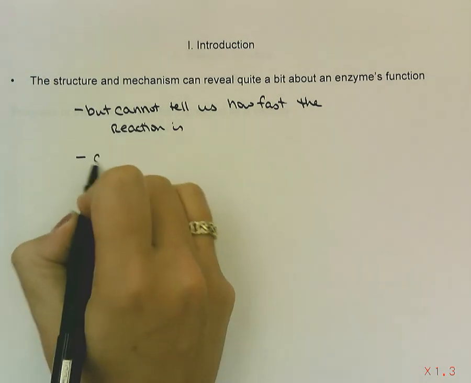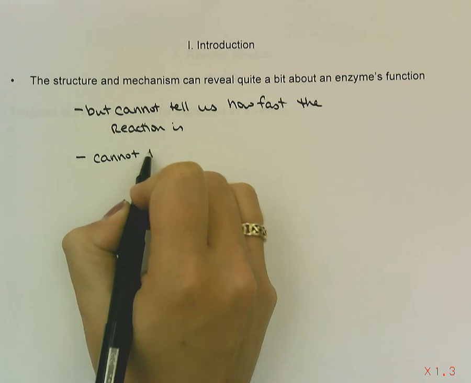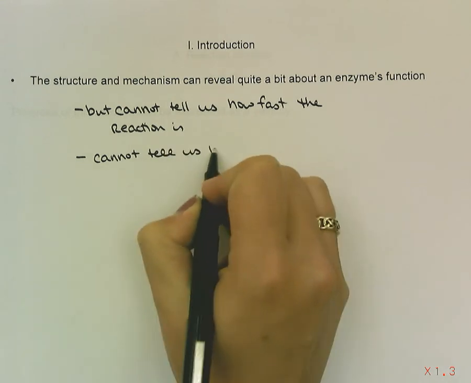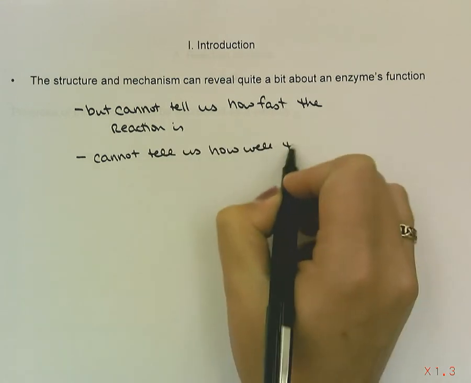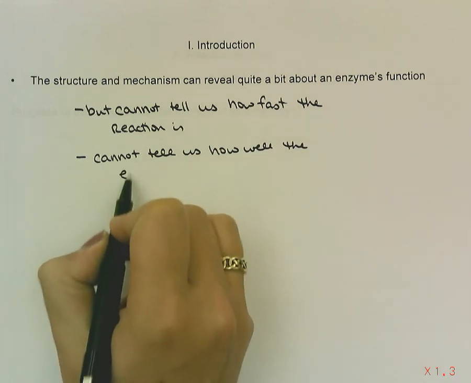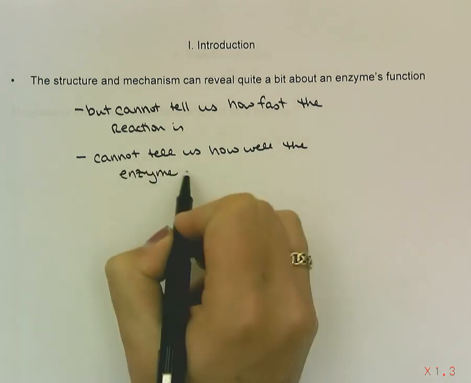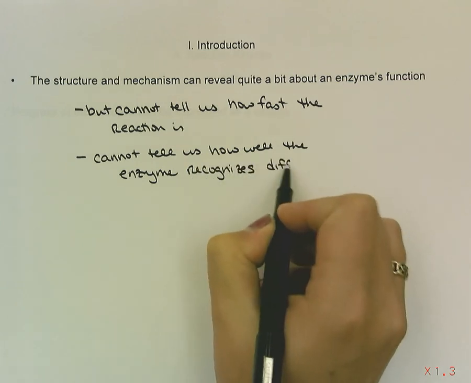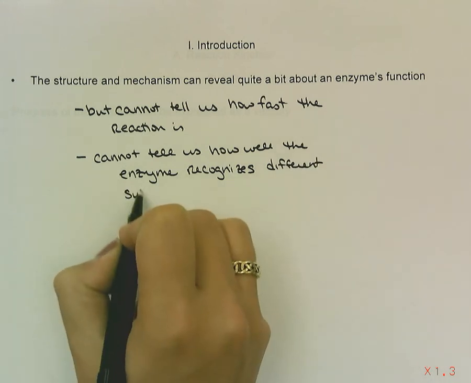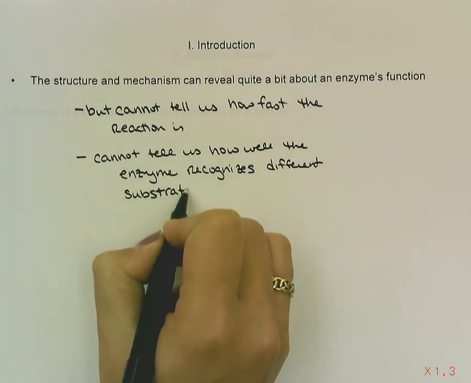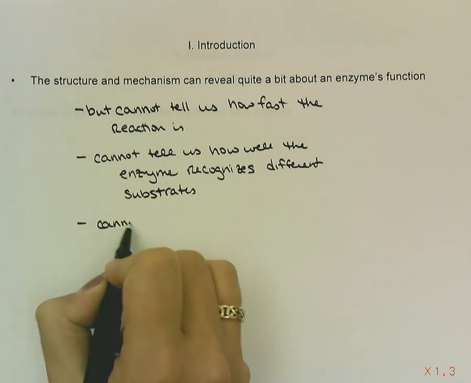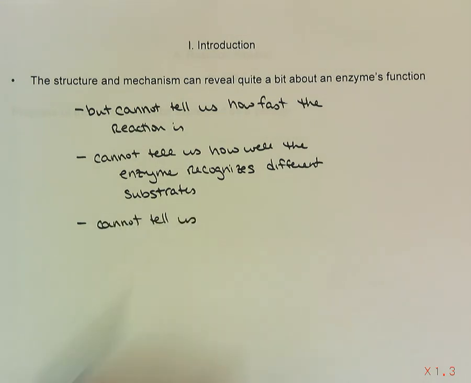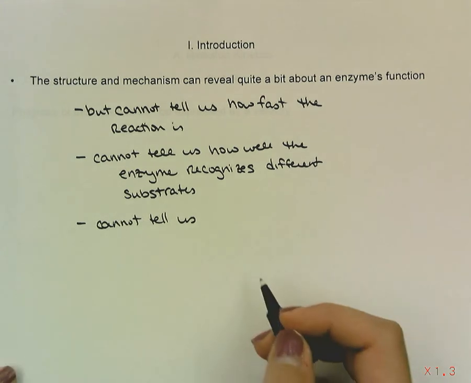Structure and mechanism cannot tell us how well the enzyme recognizes different substrates. And finally, structure and mechanism cannot tell us how the activity is affected by other substances.